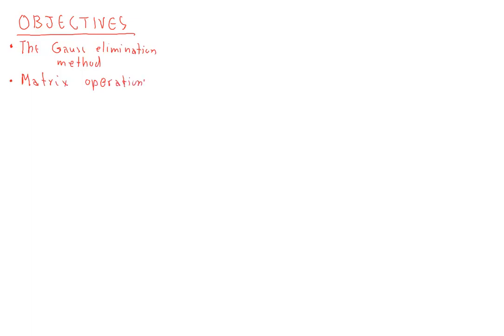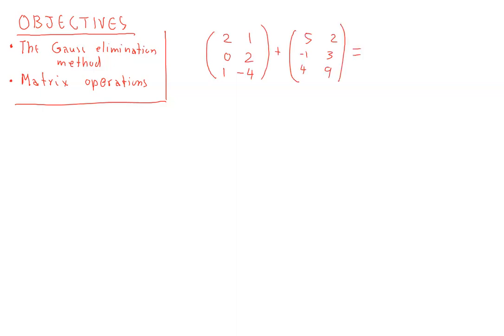So actually, let's begin with the first one. If you have two matrices that have exactly the same dimensions, so let's say you have two 3x2 matrices, you can add them together. How do you do that? By adding the corresponding entries. So 7, 3, -1, 5, 5, and 5.